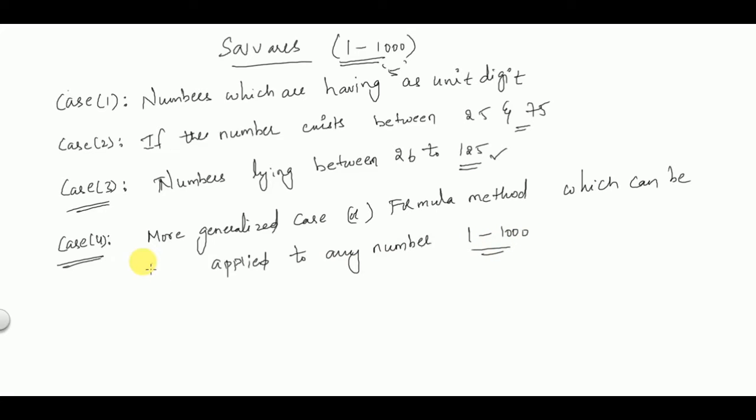The first three are special cases for finding squares very easily, and this is the generalized case, so you can apply it to those three cases also. Now we will see each case one by one.